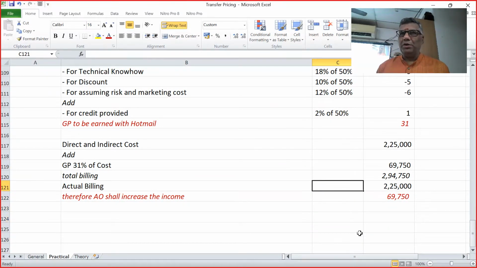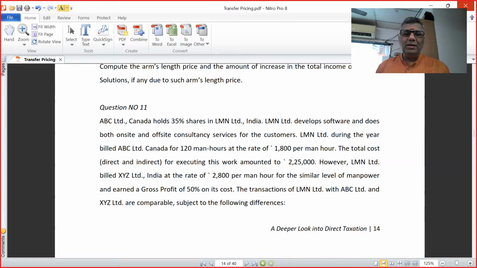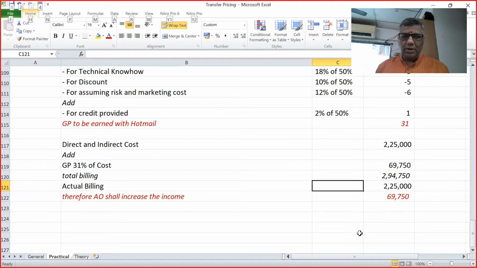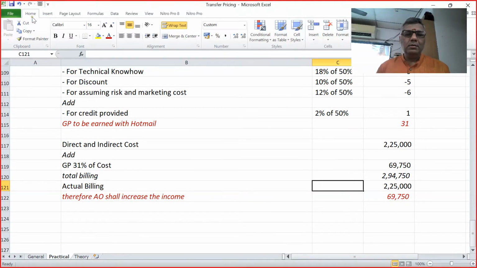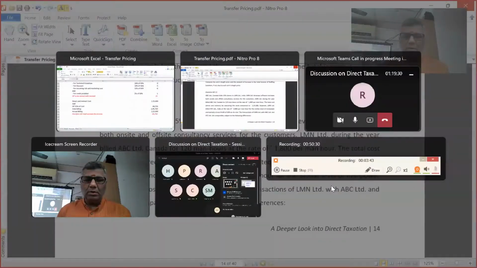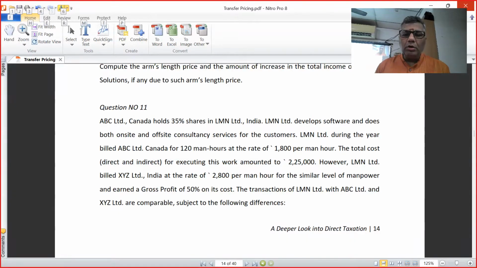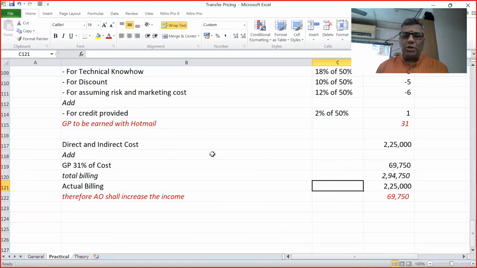Okay, for executing the total cost is like, oh sorry, I made a mistake. Okay, actual billing should be the 120 into 1800. Oh, I took the cost.